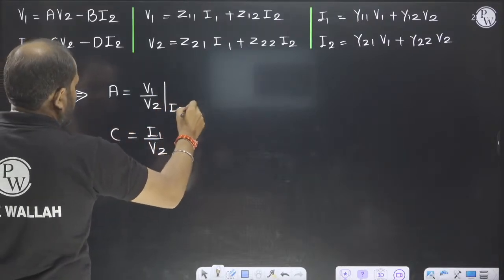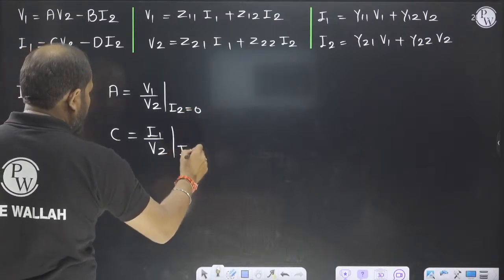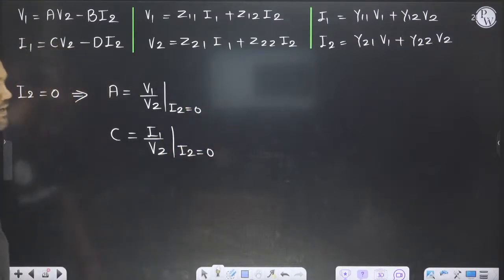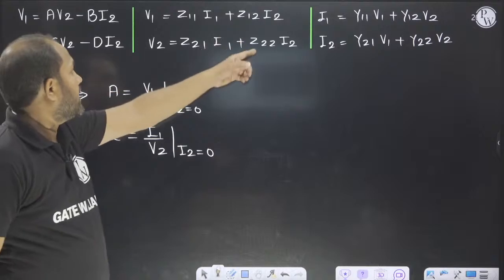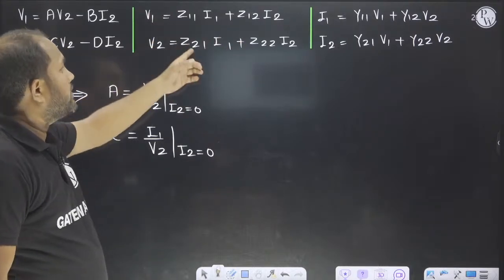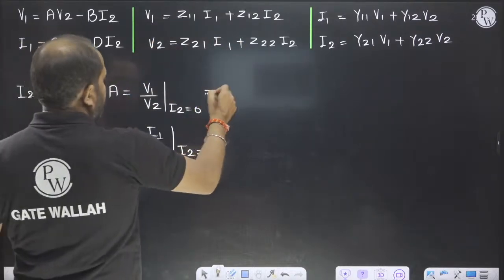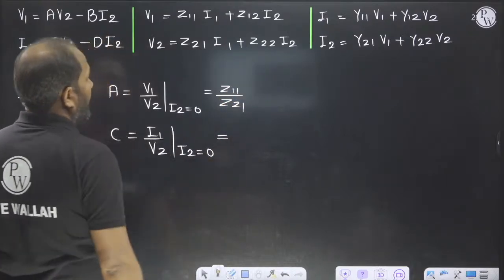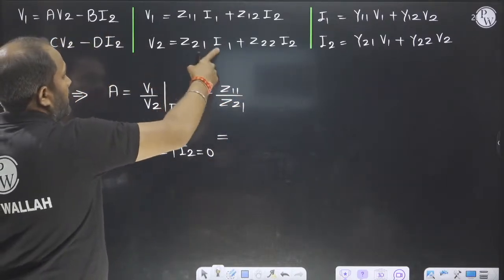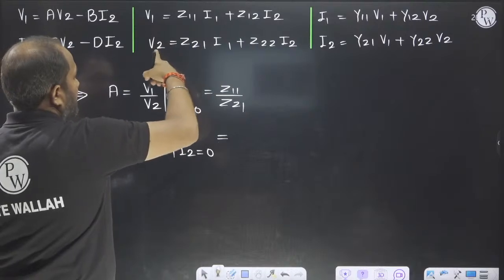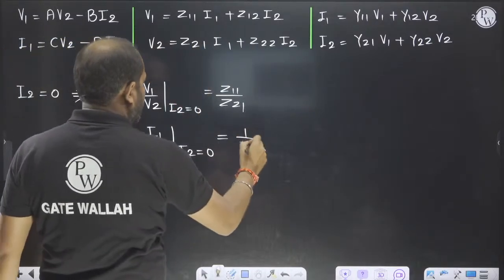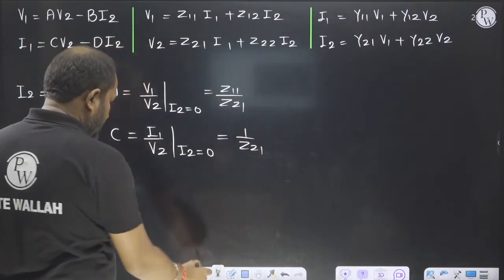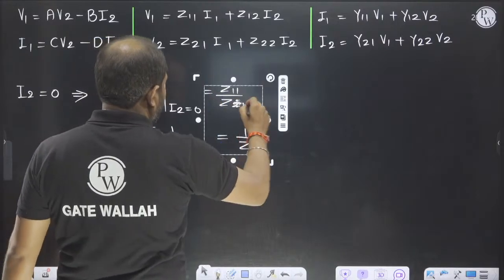If I make I2 equal to 0, then V1 by V2 will be equal to Z11 by Z21. And with I2 equal to 0, I1 by V2 is equal to 1 by Z21. Very easy, 1 by Z21.